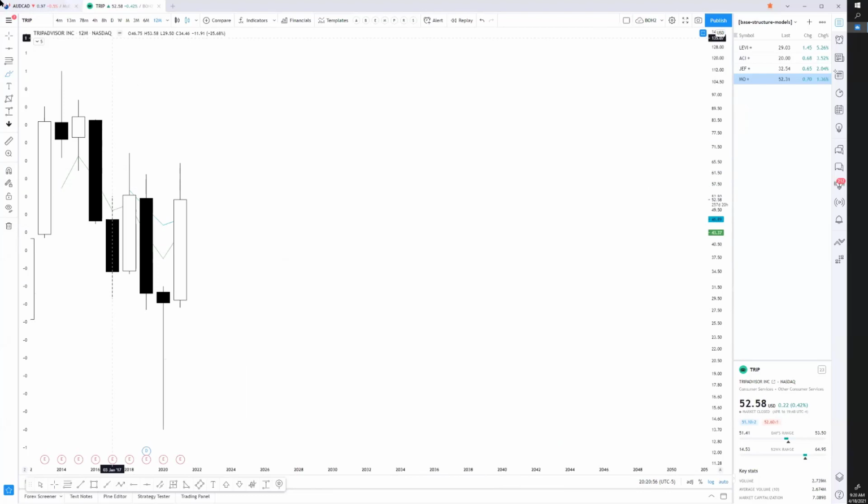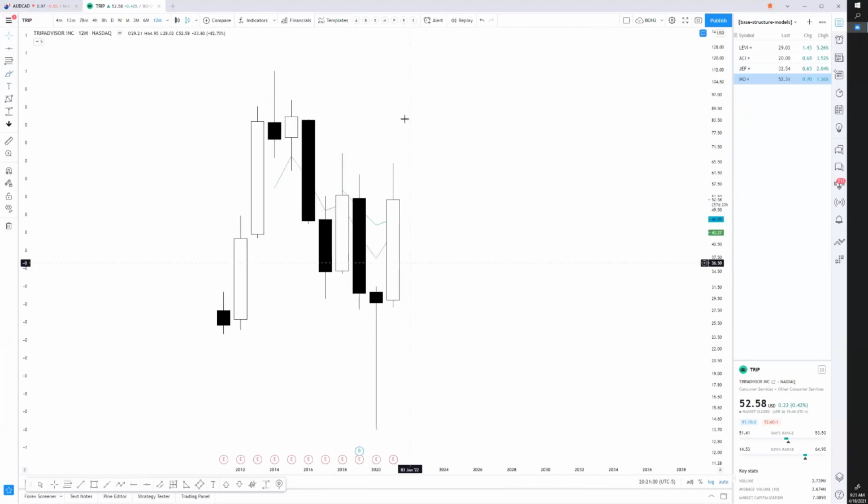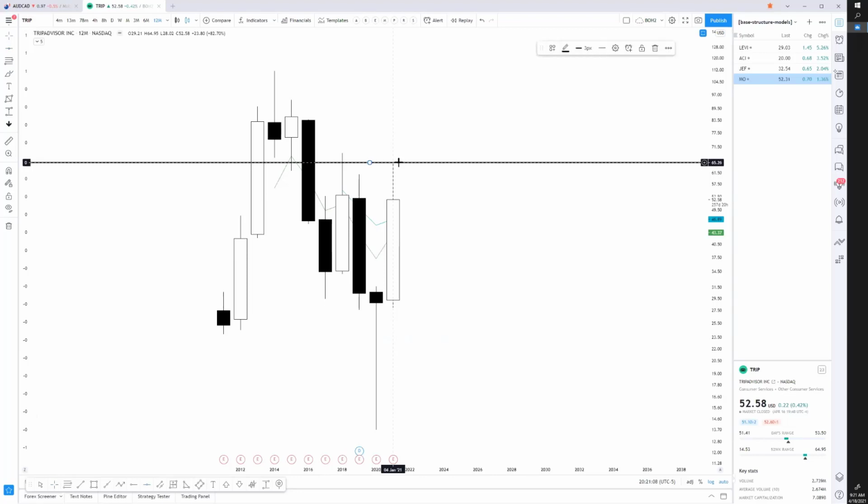So normally, pagka ganitong structure, ang turo ko sa inyo, pagka formed na yung pinaka BTS niya and it comes off its highs after hitting major inflection points, ang tendency nito will be to just mag-swing lang siya between yung current high niya and whatever low it's able to print.